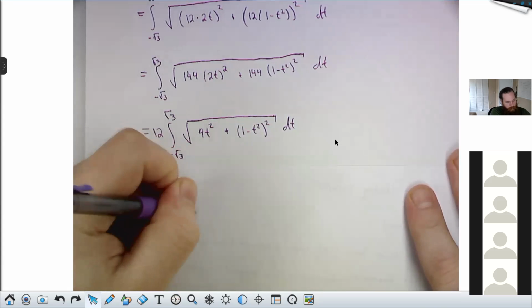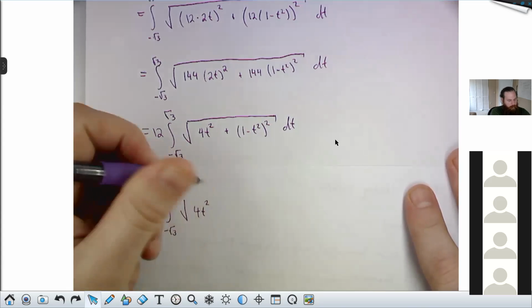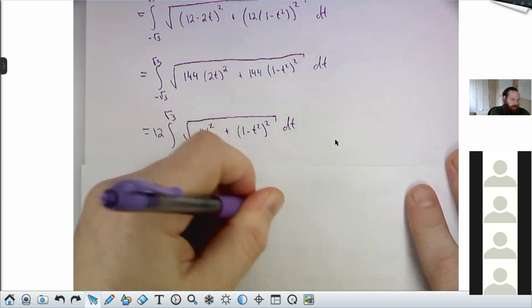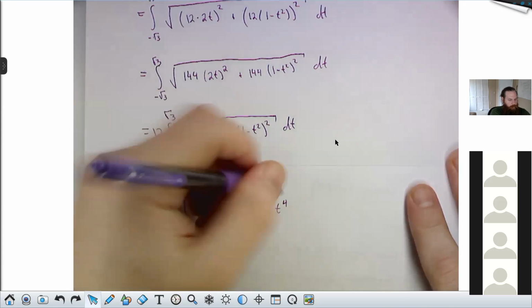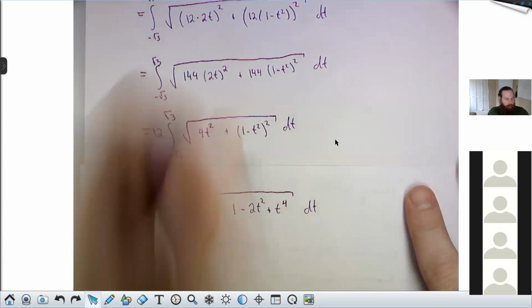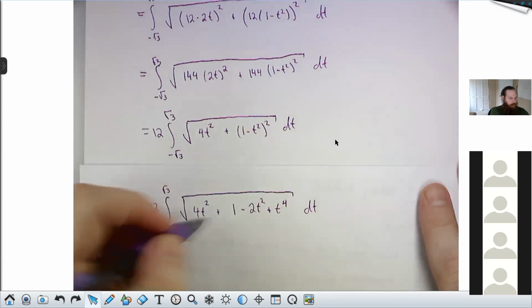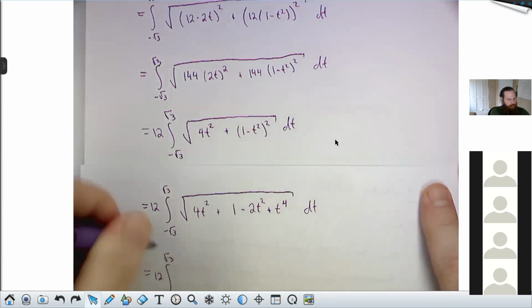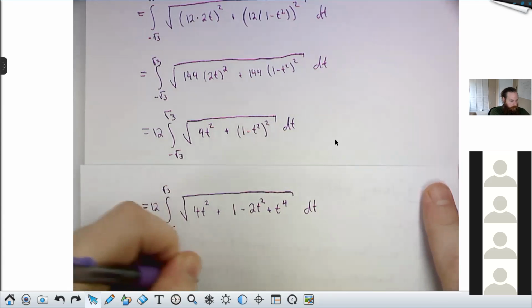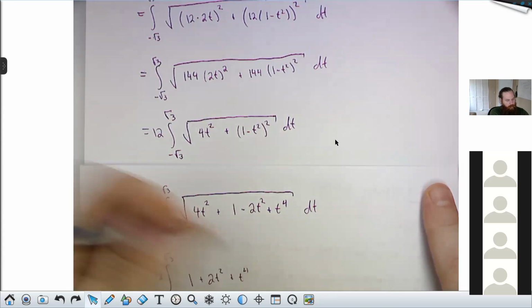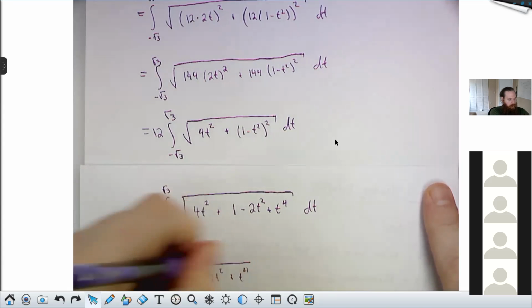So under my square root, I'll have 4t squared plus 1 minus 2t squared plus t to the 4. And then I can combine the like terms, 4t squared and minus 2t squared. So that looks like 1 plus 2t squared plus t to the 4 under my square root.